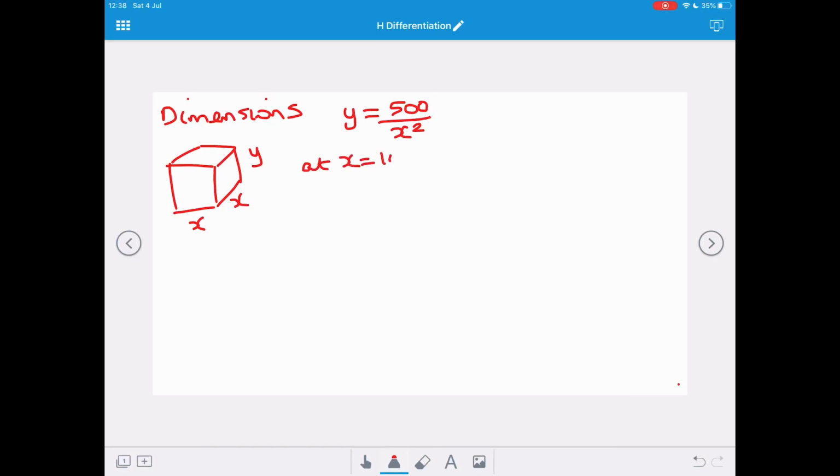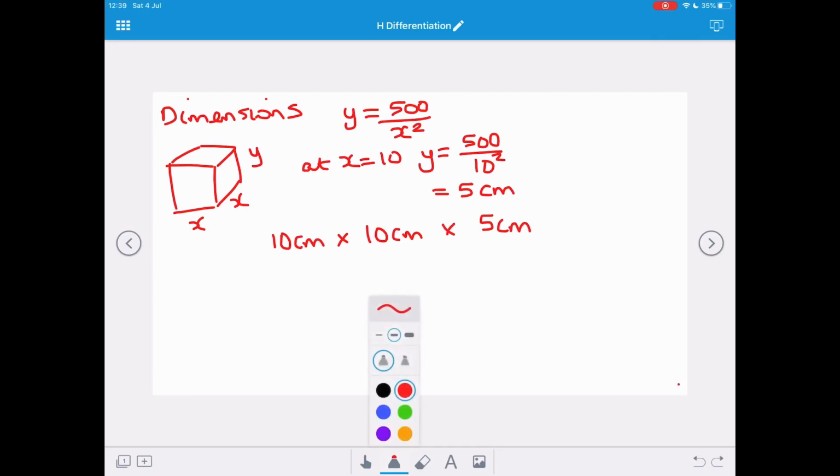And so at x equals 10, y is going to equal 500 over 10 squared, giving us a height for our glass display case of 5 centimetres. So our display case is going to be 10 centimetres by 10 centimetres by 5 centimetres.